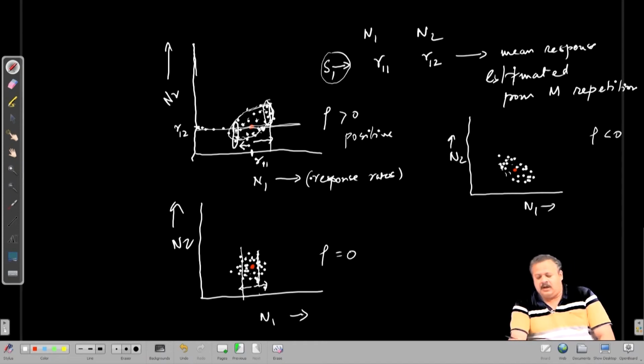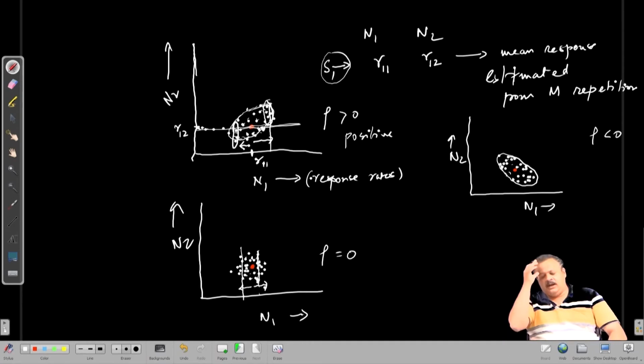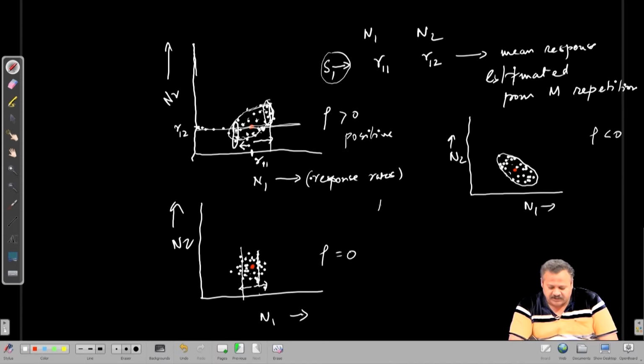We have a tendency of opposite variations around the mean of N1 and N2, and so the correlation coefficient of these pairs of data is going to be negative. So this rho, which we calculate based on the pairs of responses in each trial, is what we call the noise correlations.